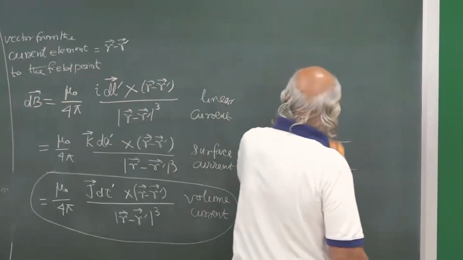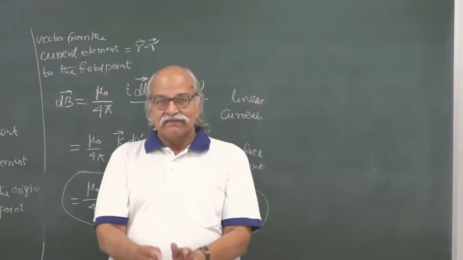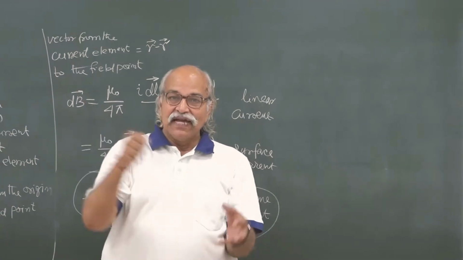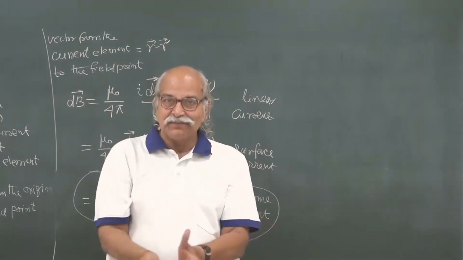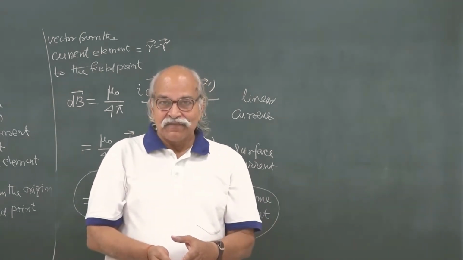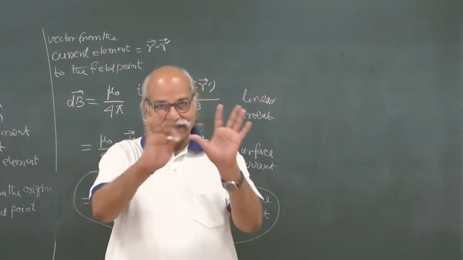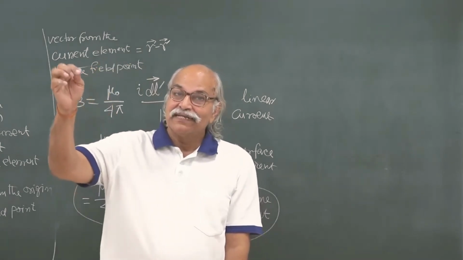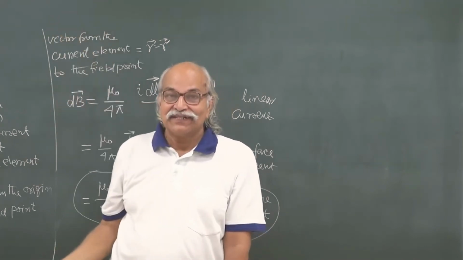Now, suppose the current distribution is given, fixed. At any point if I need the magnetic field, I have to integrate over all these small elements to get the contribution from the entire current distribution, that is fine. But once the current distribution is known to me, extended, I can ask the magnetic field at this point, at that point, at that point.